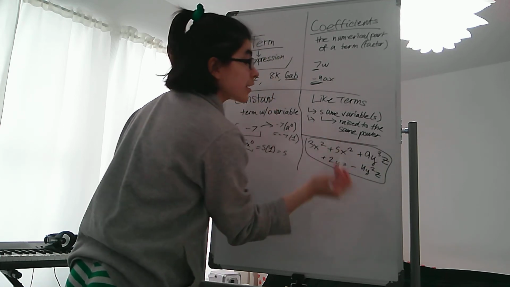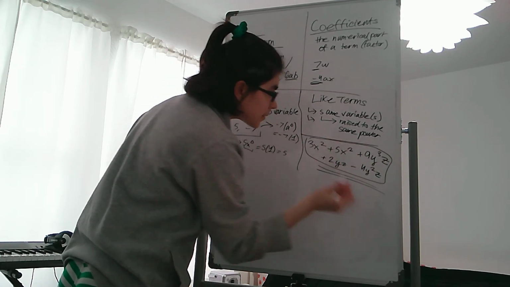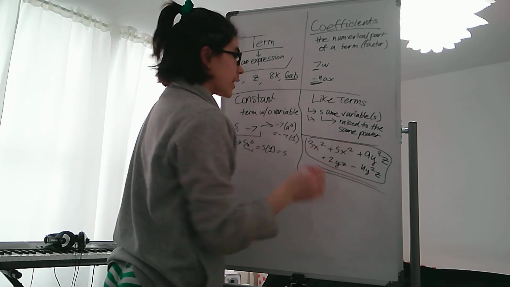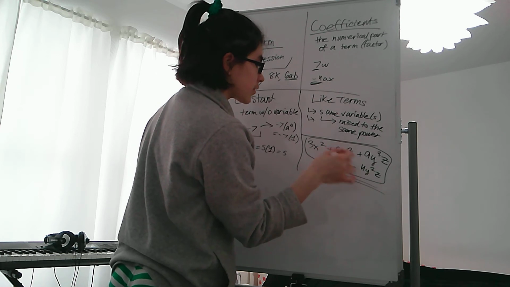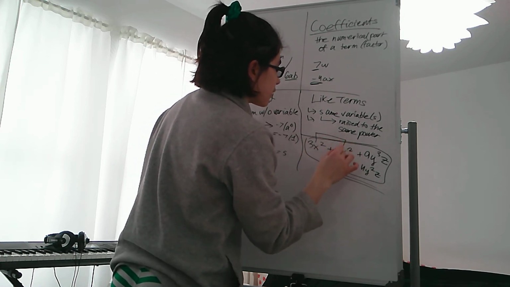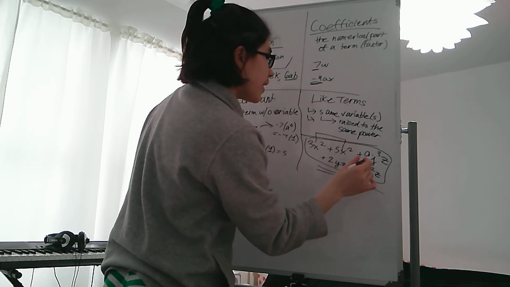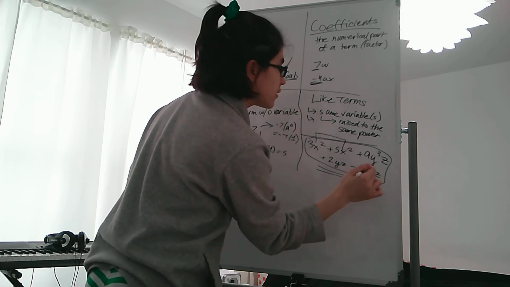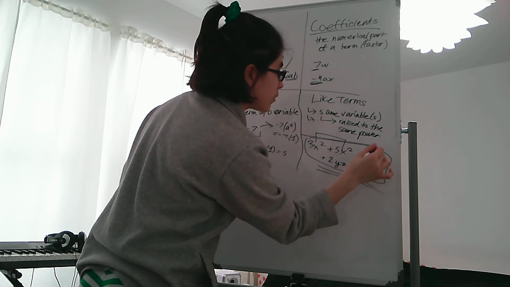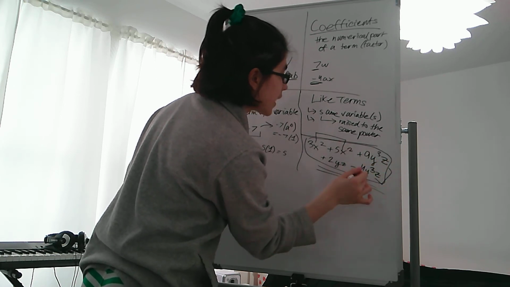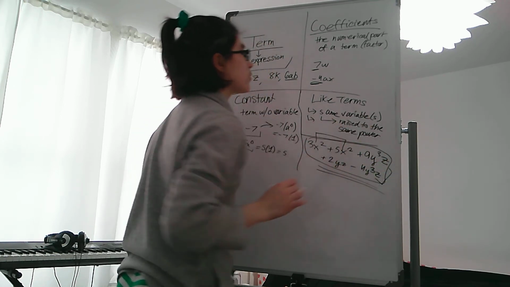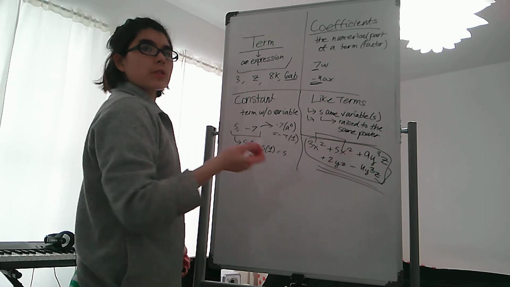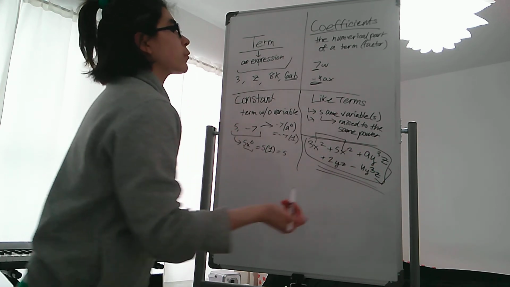Next week I plan on covering this exact example, specifically how to simplify it, but that's an example of where you're going to see like terms. So 3x squared plus 5x squared, the x squared terms are like terms, and the 9y cubed z and the -4y cubed z, those are also like terms because again, same variables, and those variables are raised to the same power or powers.